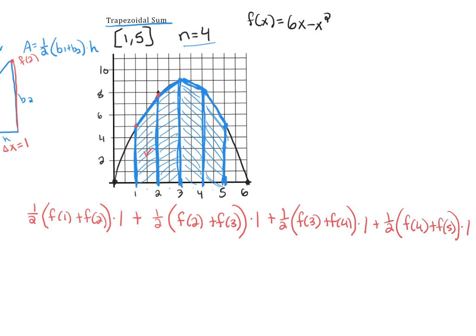Okay, so what does every term have in common? They all have a 1/2, and they all have that change in x, which is 1. So we can factor those out in front.